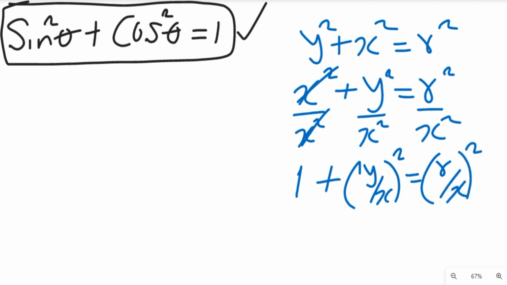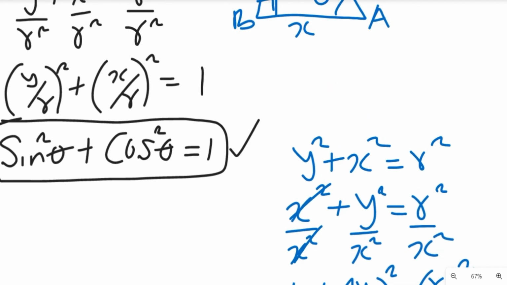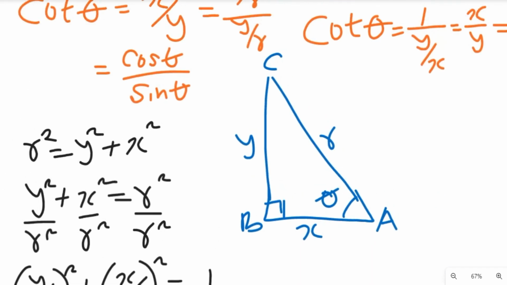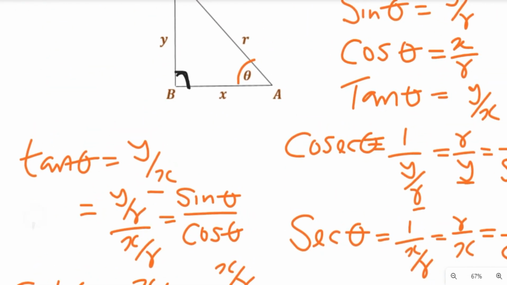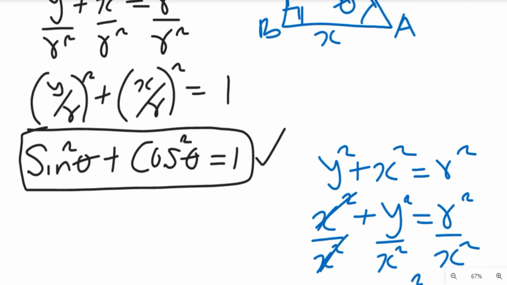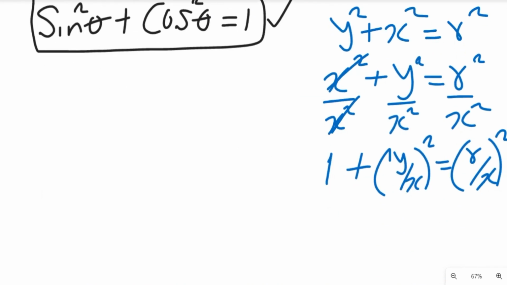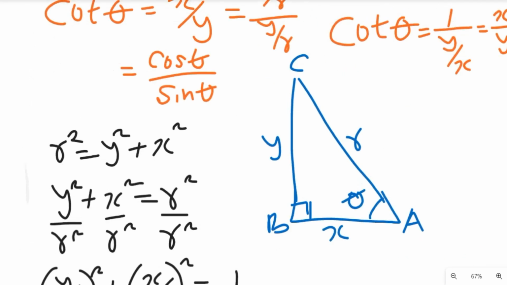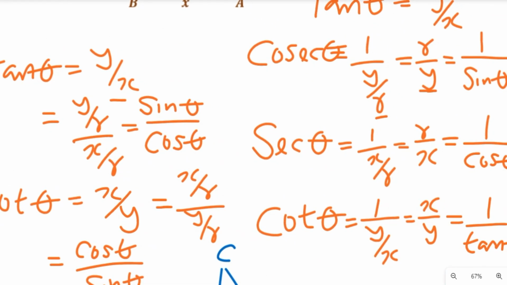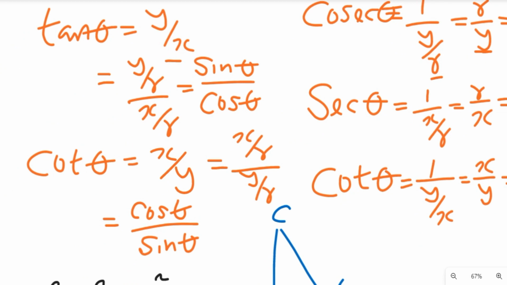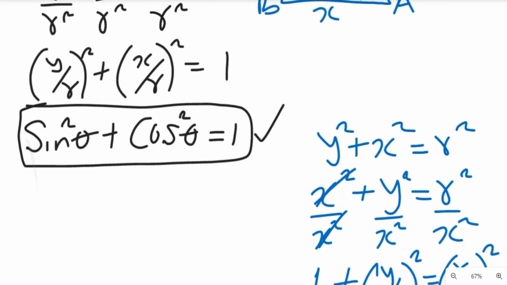Now let's go back to our trig functions. Where do we have y divided by x? Y divided by x, we'll find it as tan theta. Then the next one, where do we have r divided by x? R divided by x is sec theta. So we're going to look at that and put that in.